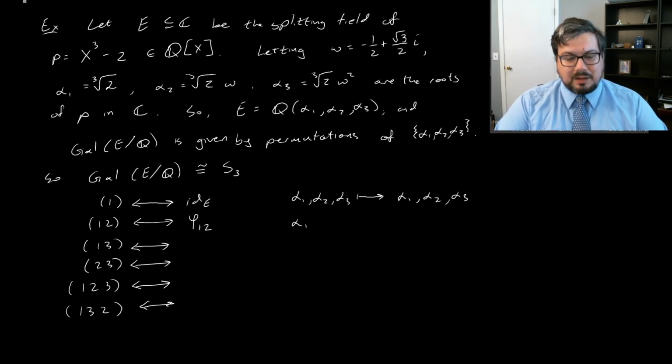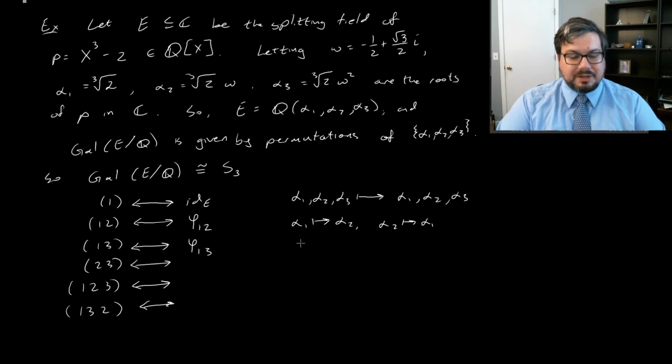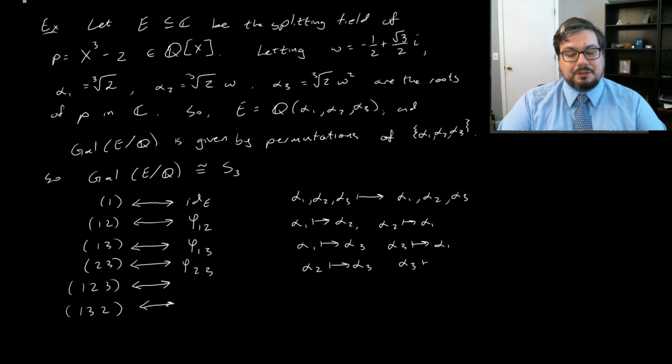to send alpha 1 to alpha 2, alpha 2 to alpha 1, and is going to leave alpha 3 alone. Phi 1, 3 is going to be the automorphism that sends alpha 1 to alpha 3, and alpha 3 to alpha 1. Phi 2, 3 is going to send alpha 2 to alpha 3, and alpha 3 to alpha 2, and leave alpha 1 alone.